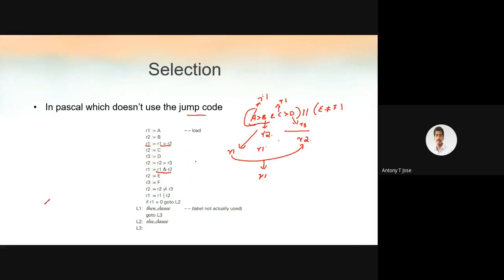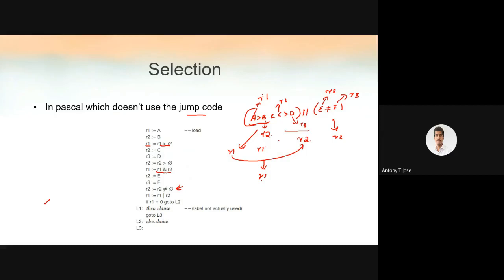Clear? Then it will store E to R2, F to R3, and evaluate R2 not equal to R3, and the result will be stored in R2. After that, you will do the OR condition.